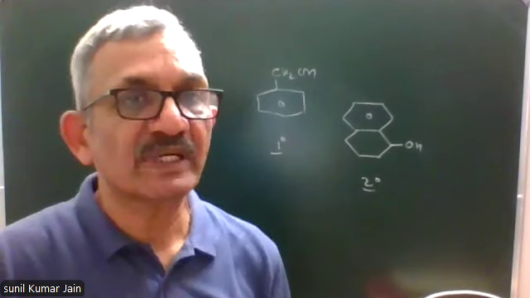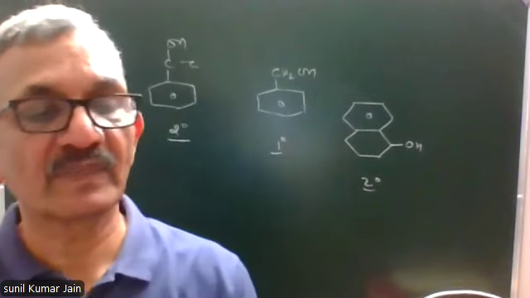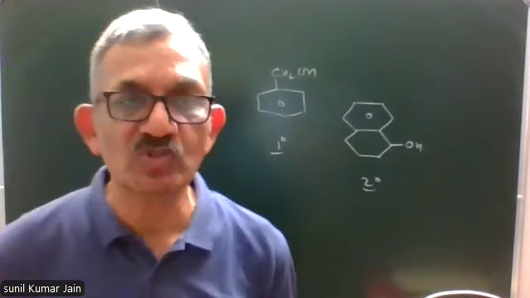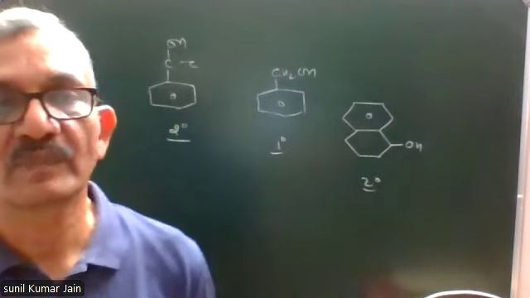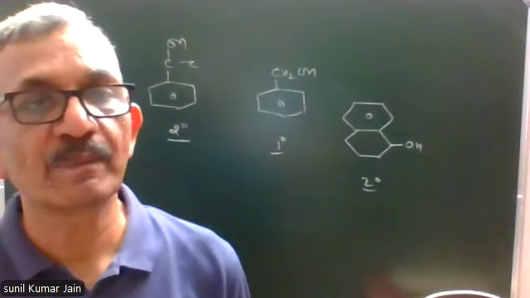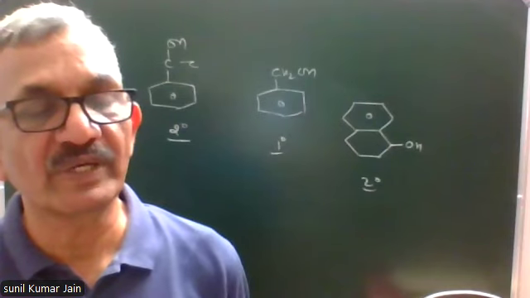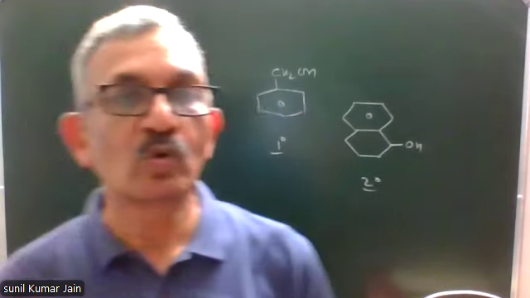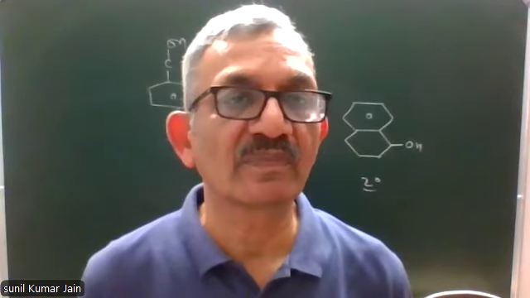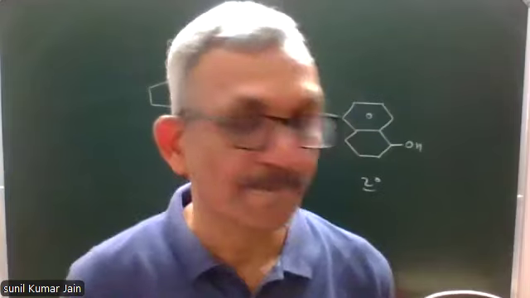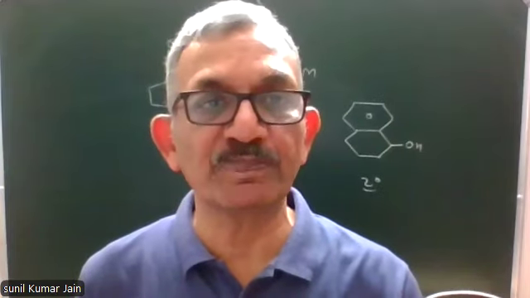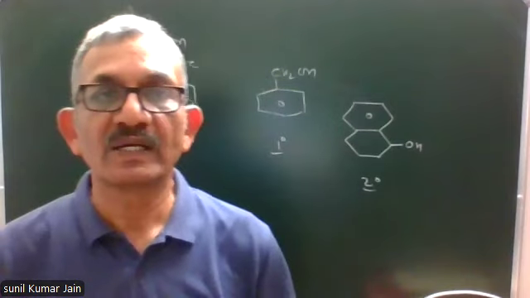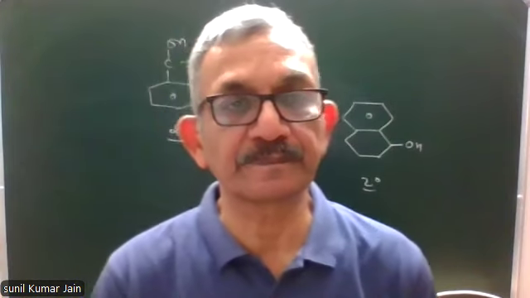Next item, capital B part. Compounds containing a bond between OH group and sp2 hybridized carbon atom.